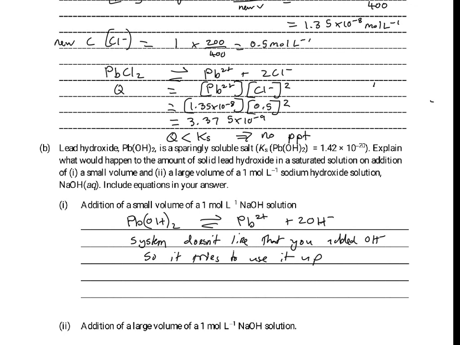And the only way it can use up the hydroxide is to favour the reverse reaction. And as you do the reverse reaction, as you go from this side across, you produce more lead hydroxide. Because you're producing lead hydroxide, you would form more lead hydroxide.